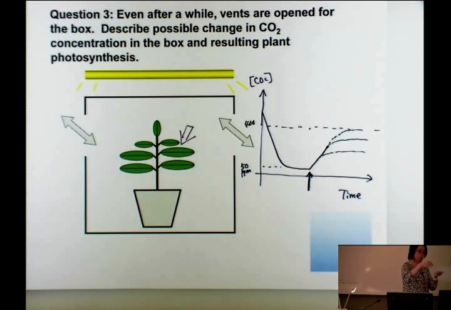The photosynthetic rate is determined by the CO2 concentration, so a steady state is achieved eventually. Initially it may bounce because it's a sort of disturbance, and then it goes into stabilization.